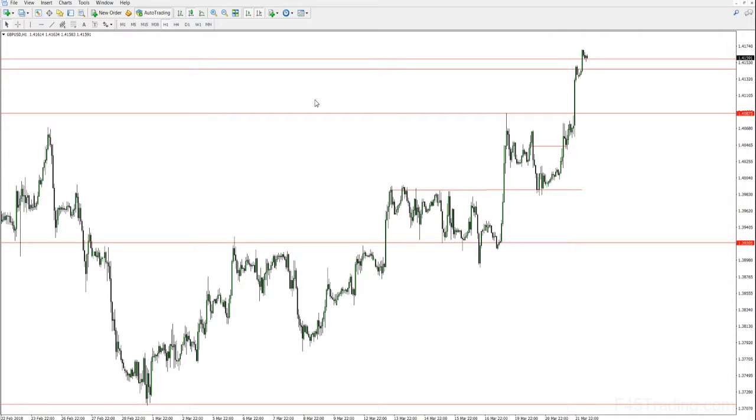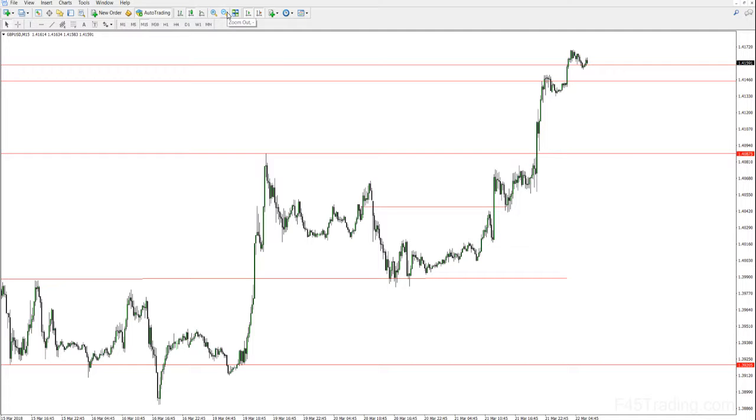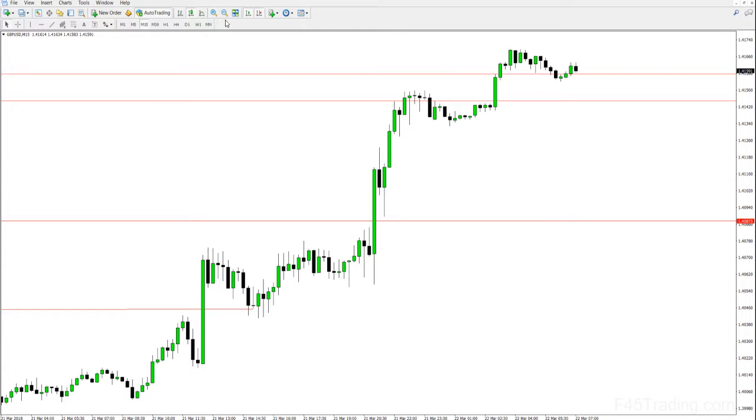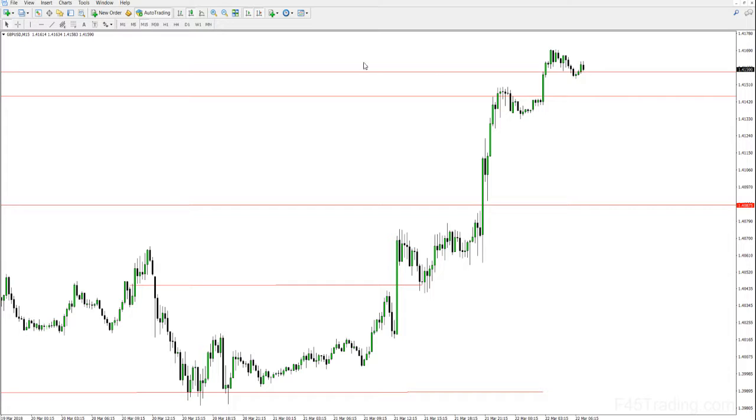So not too bad of a range for the pound dollar. Some of this obviously happened after the day end, so not quite that much of a range, but same type of story. I'd like to see price rebalance, maybe a little bit lower, come down into this range in here. Right, same type of idea as the Euro USD.